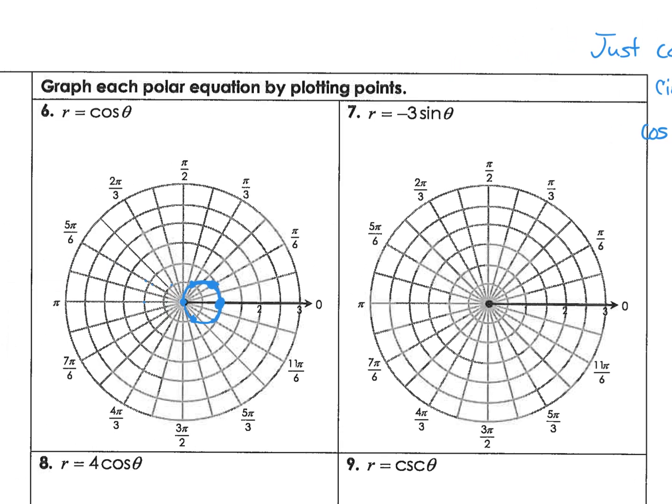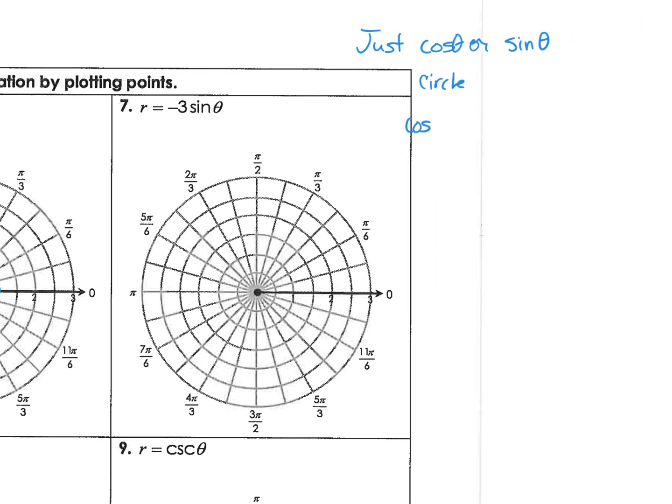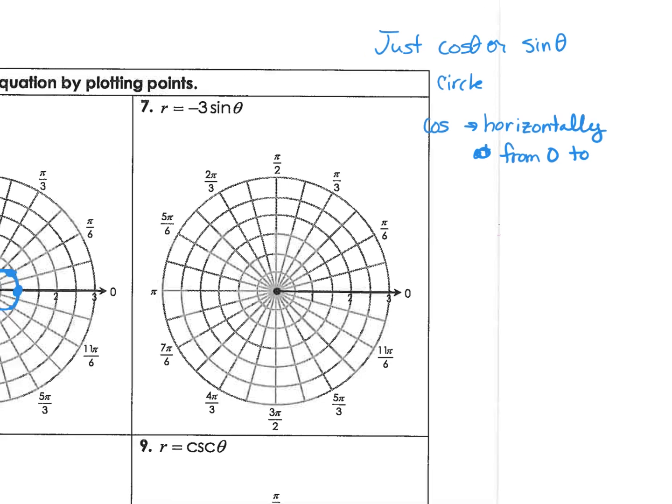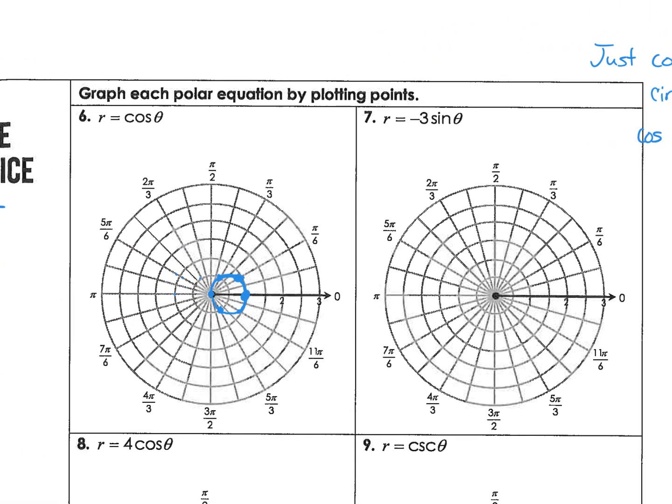Cosine is going to graph horizontally from 0 to whatever number's in front here.